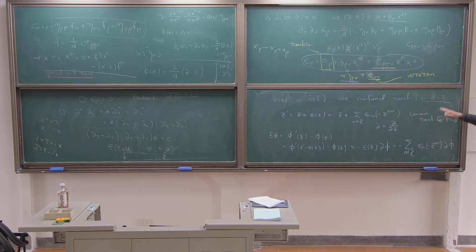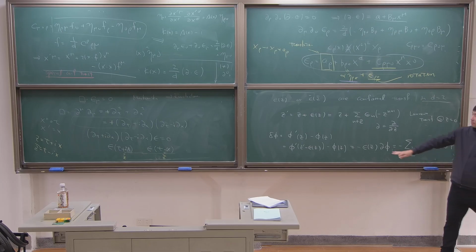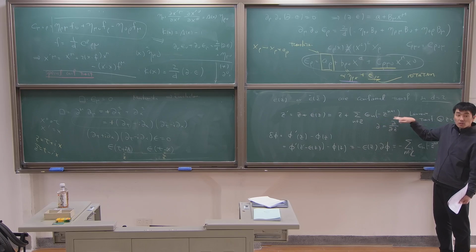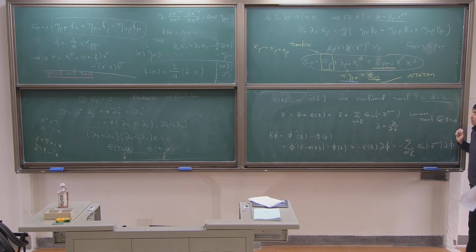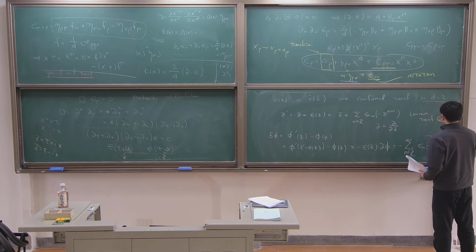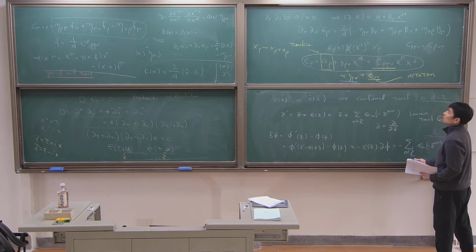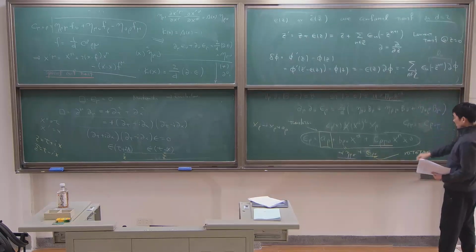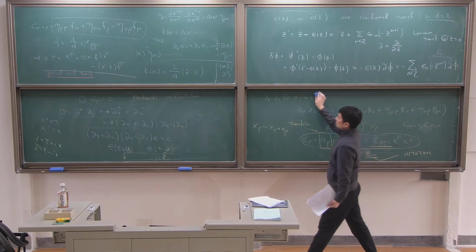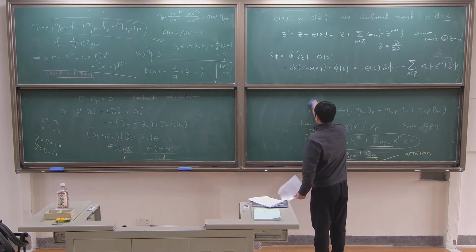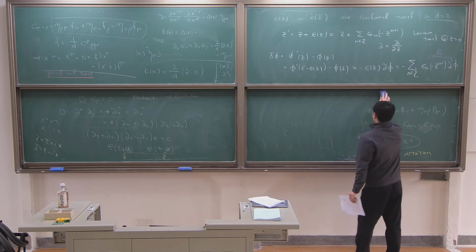I only look at the holomorphic part and ignore the anti-holomorphic part. So epsilon is just a Laurent expansion around z equals 0. So you get this, and I call this generator L n. There are infinitely many, so now there are infinitely many generators of conformal transformations in 2D.